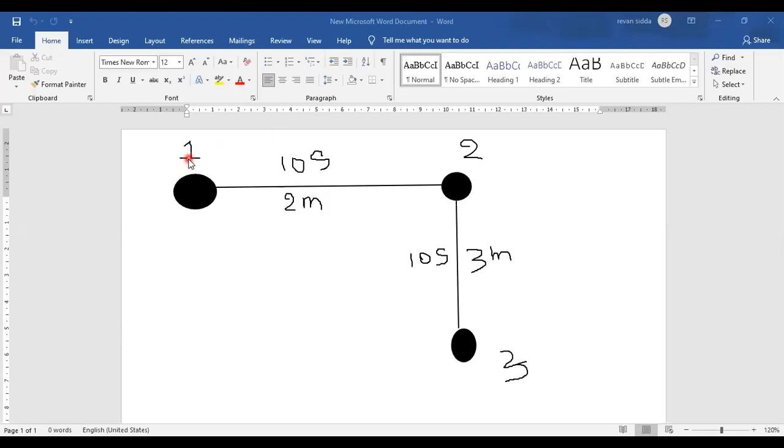A body is moving from the first position to the second position, and it has covered a distance of 2 meters. How much time has it taken? It has taken a time of 10 seconds.